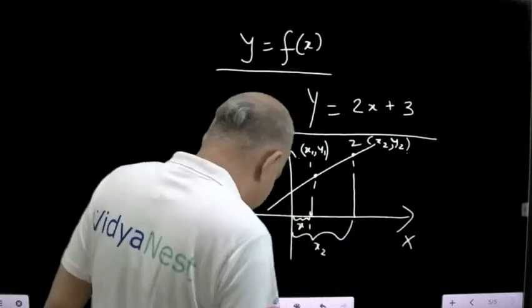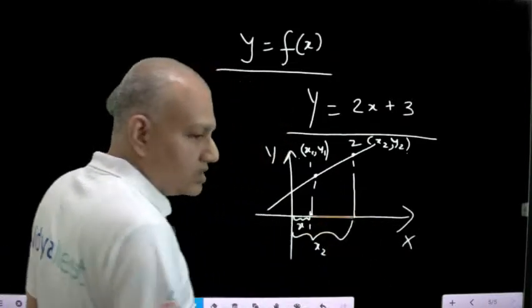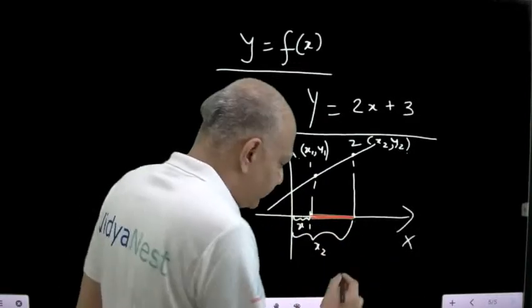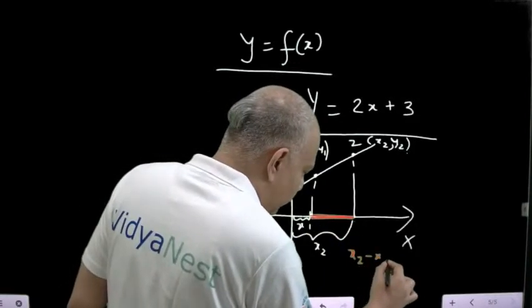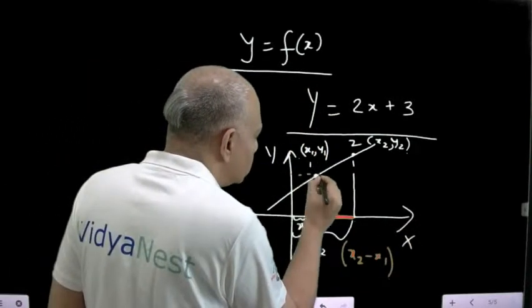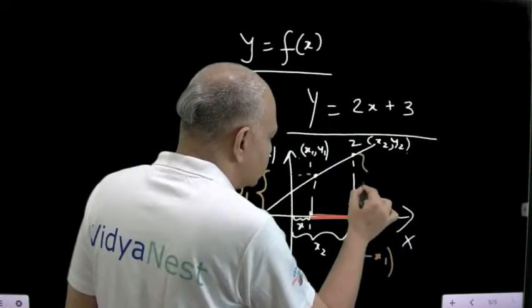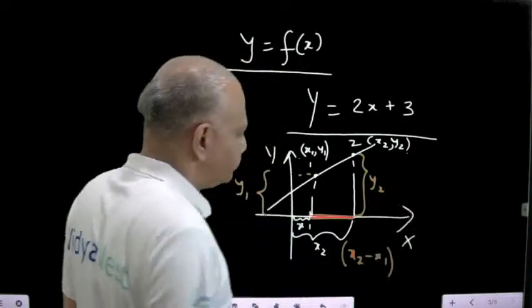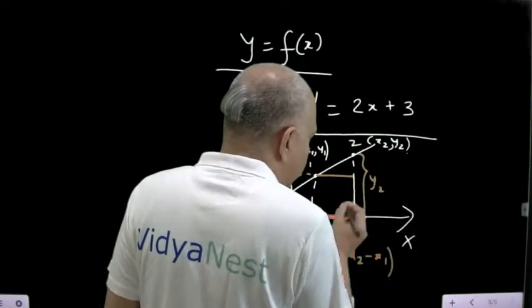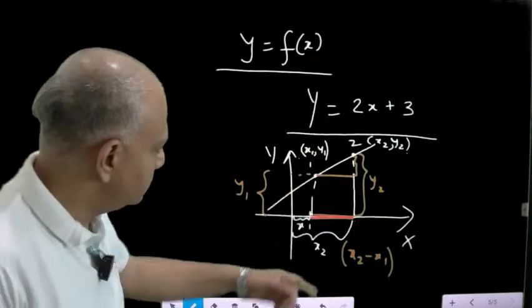This much is the change of x, x2 minus x1, isn't it? Okay. And this is y1, this is y2. If I drop a perpendicular from here, you can see this much is the change of y.